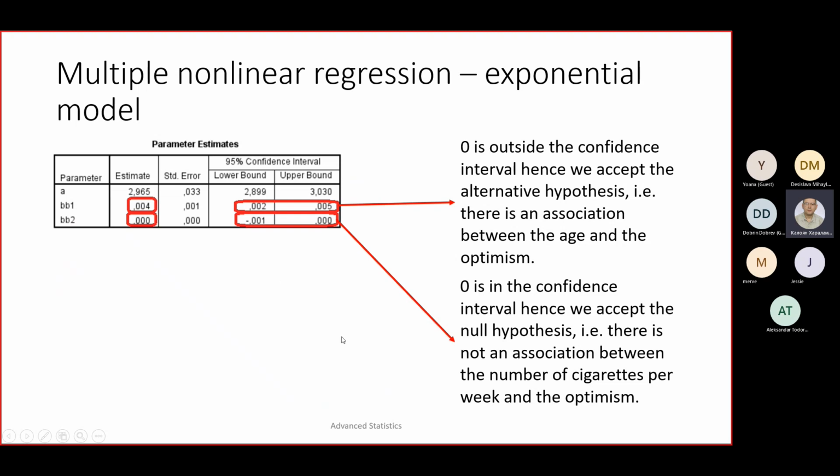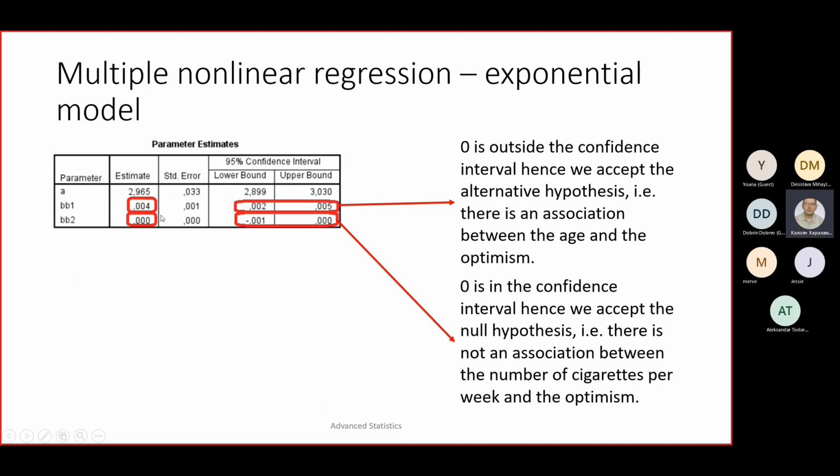Here, in our case, for the age, for the first factor, 0 is outside the confidence interval. That means that we must accept alternative hypothesis, or means that this coefficient is statistically significant, or means that there is a relation between age and optimism.